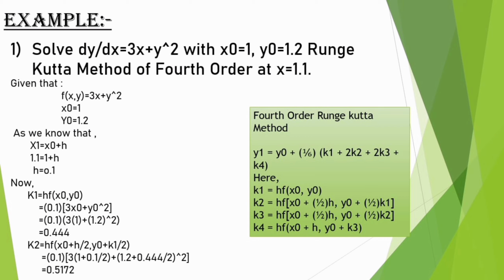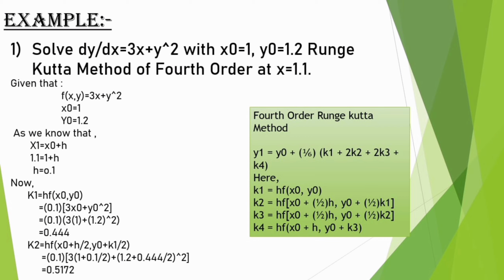Now in this example we have the question: solve dy by dx is equal to 3x plus y square with x0 is equal to 1, y0 is equal to 1.2 by the Runge-Kutta method of fourth order at x is equal to 1.1. We are given that dy by dx, which we always take as f of x comma y, is equal to 3x plus y square.